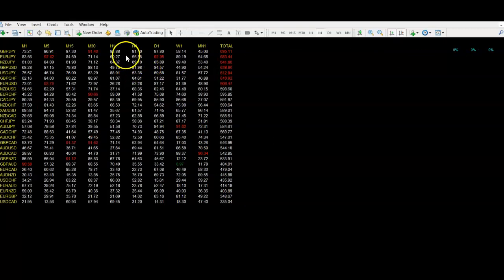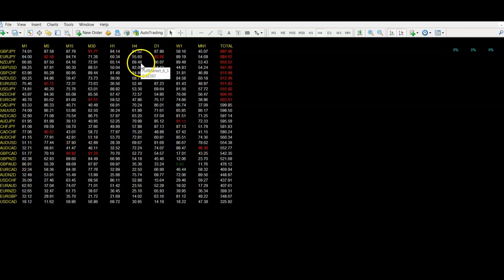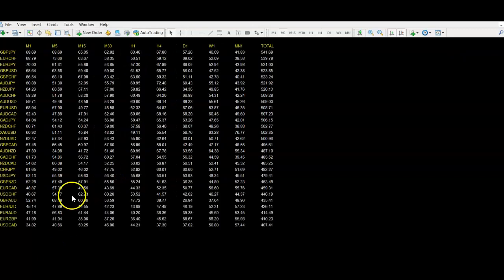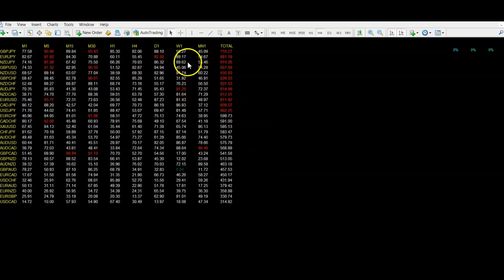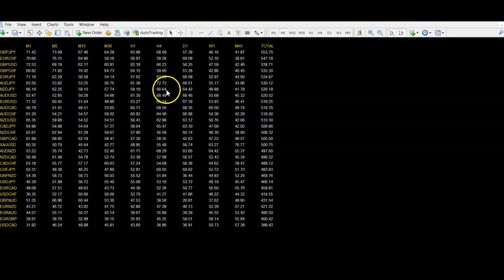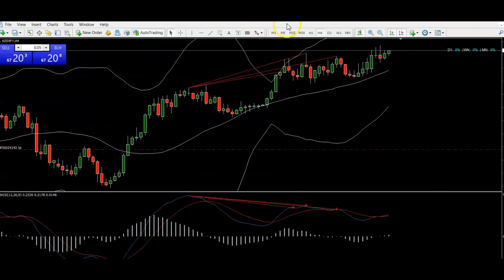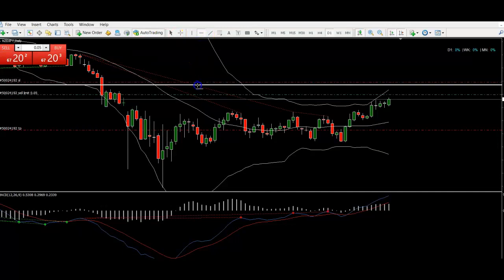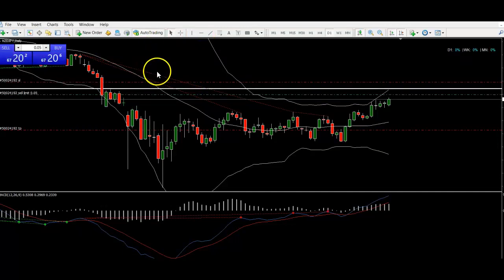Another one: Kiwi Japanese Yen. Let's have a look at the stochastic dashboard. Kiwi Japanese Yen, Euro Japanese Yen. Again, I'm looking to enter this trade at this area here, not too far off it.